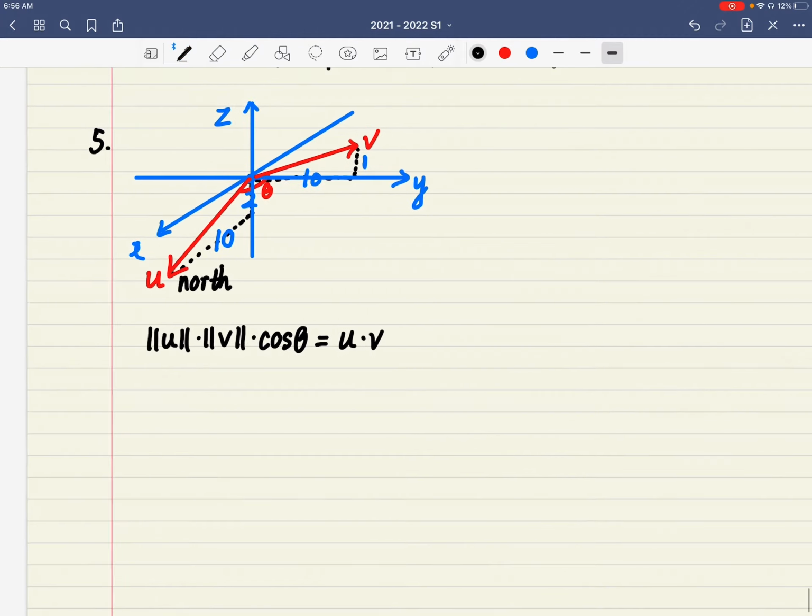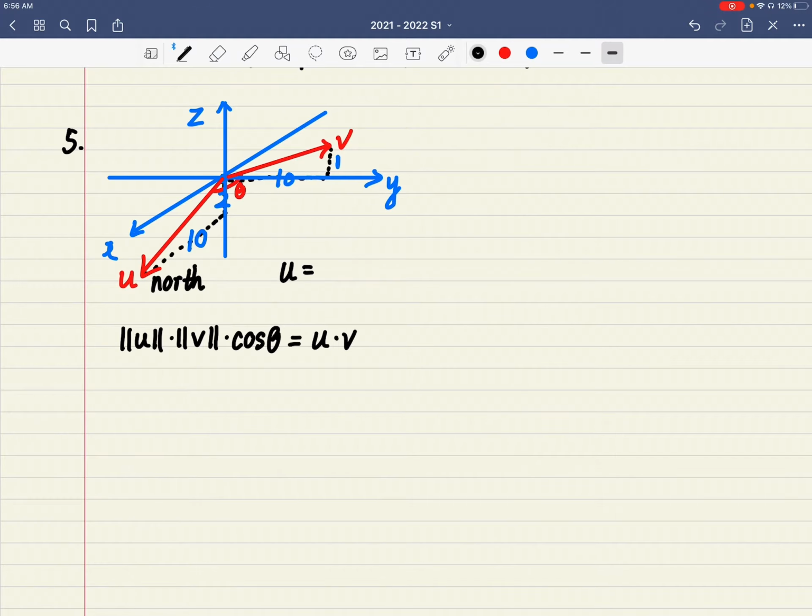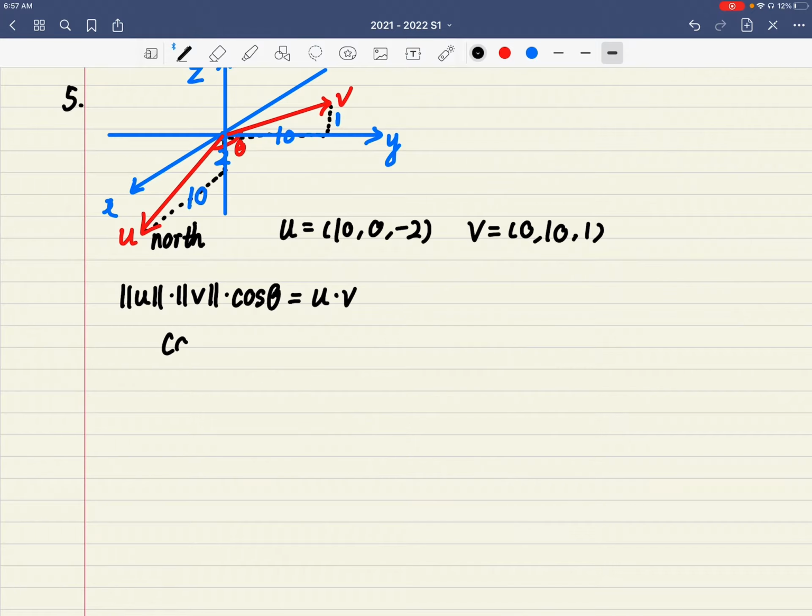Okay, so u along the x-axis is 10, the y-axis is 0, and the z-axis is -2. This is vector u. Vector v along the x-axis is 0, the y-axis is 10, the z-axis is 1. Now cosine theta is u dot v over length of u times length of v.